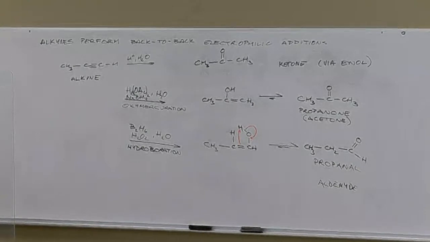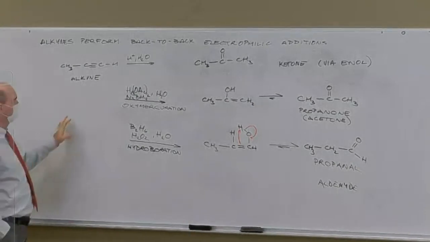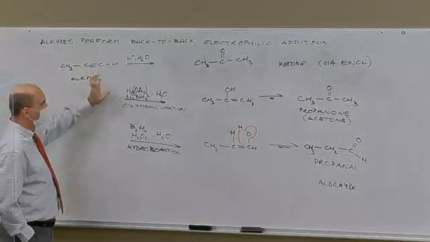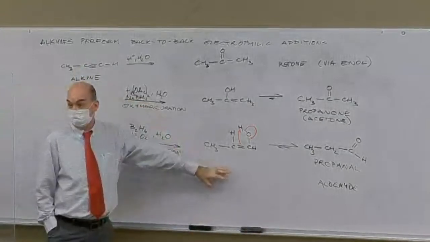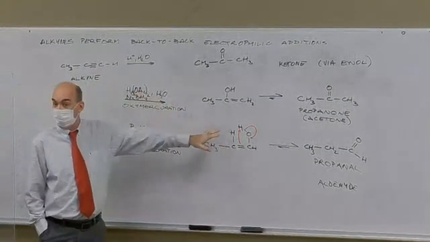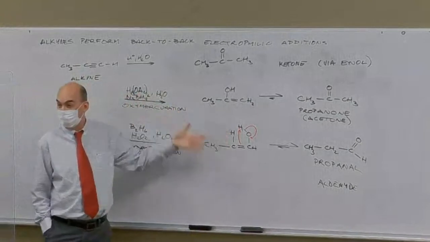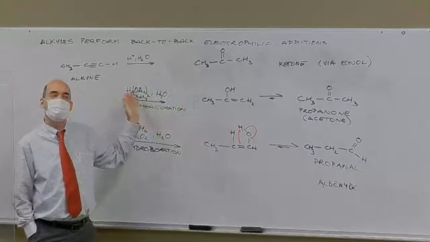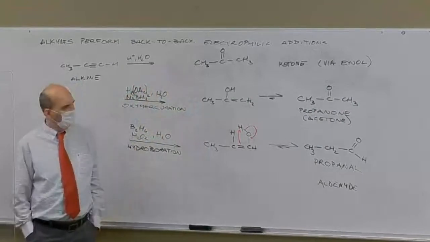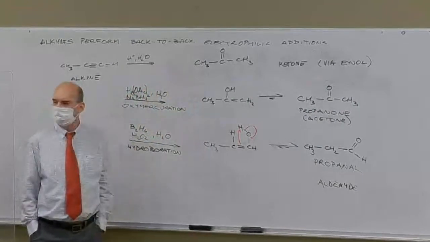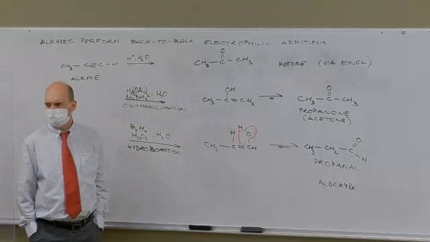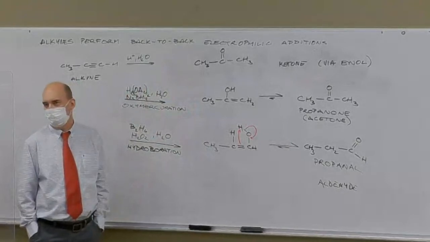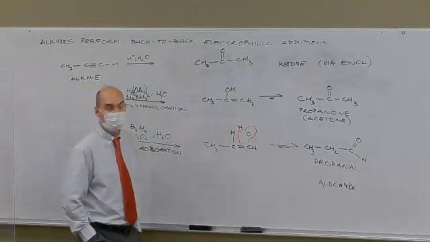And to be able to change families from alkynes to aldehydes and from alkynes to ketones so easily is something that we're going to take advantage of. Yes, it didn't give me the diol, but having aldehydes is better than having diols. Learn as we go. Everything is interconnected.